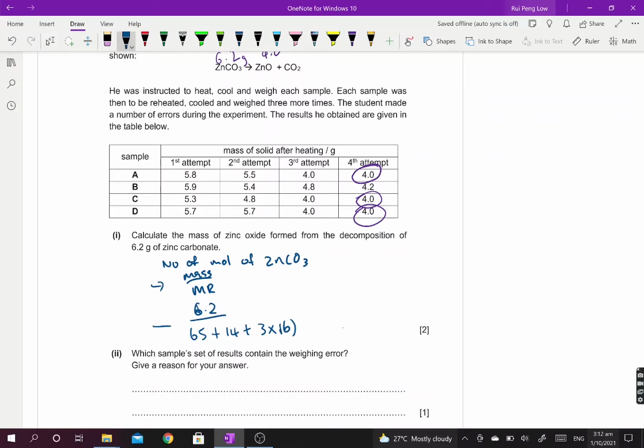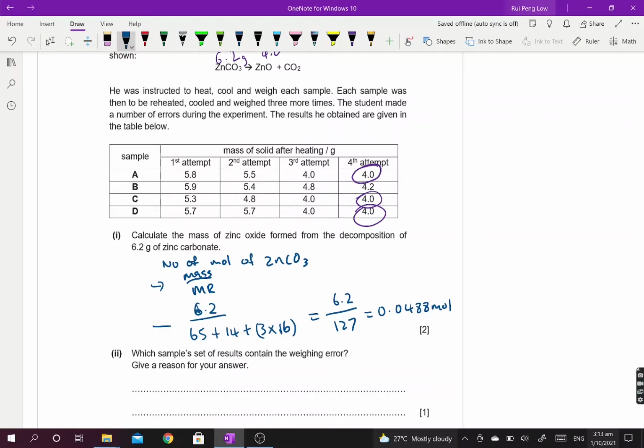Okay, so let's see. So when you calculate this will be 65 plus 14 plus 16 plus 16 plus 16. 6.2 over 127. 6.2 divided by 127 equals to 0.0488 moles.